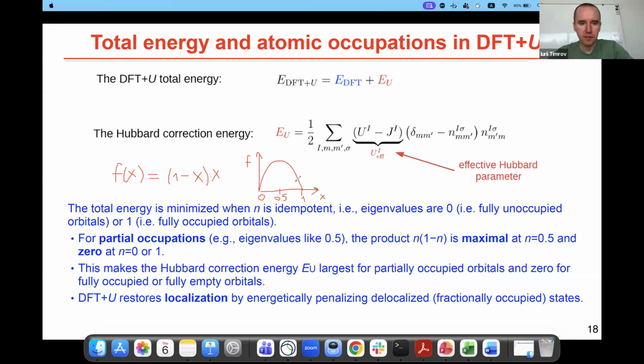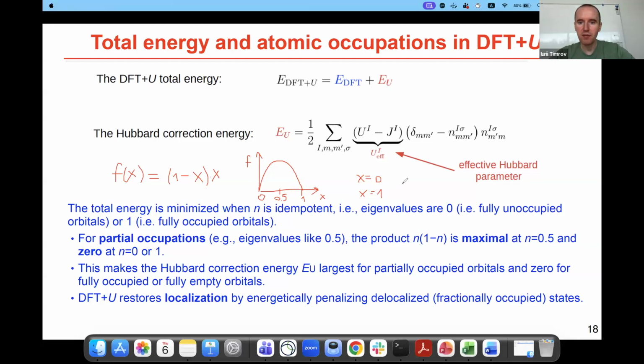Because when x is 0, it means an empty electronic state. When x is equal to 1, it means an occupied electronic state. So the Hubbard-U correction does not act on states that are fully empty or fully occupied. It doesn't touch them because it's already happy with that.